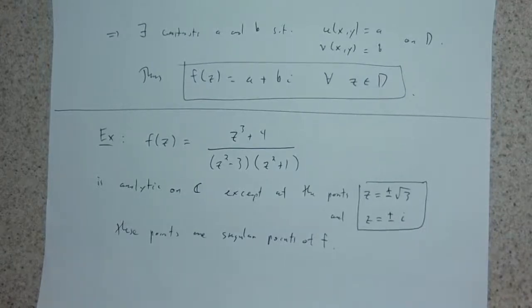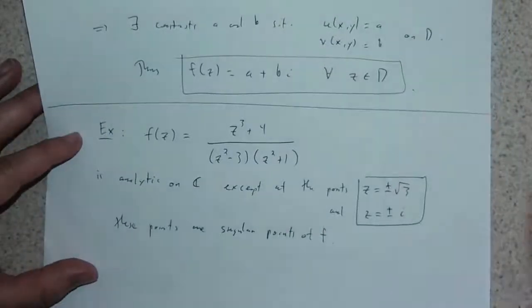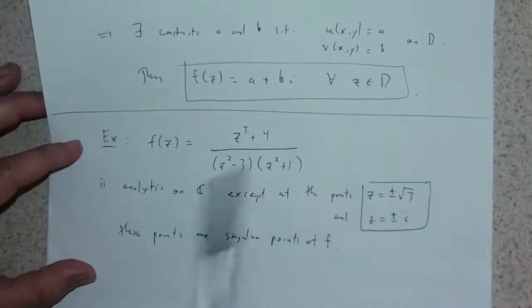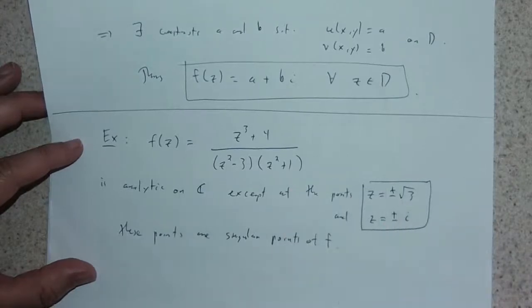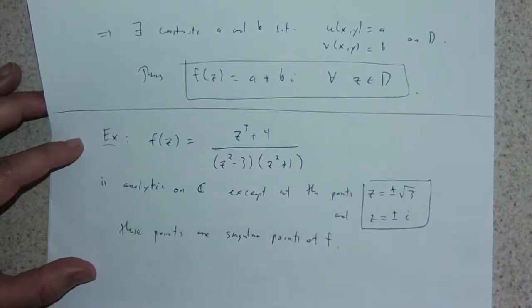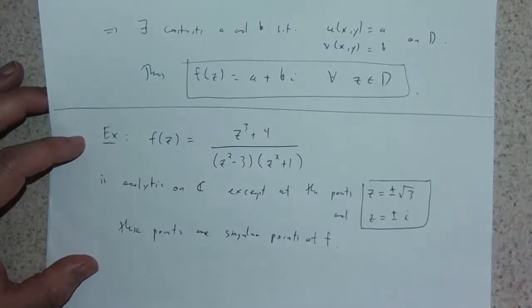So if I wanted to show that this was analytic, what could I say? I could just say, by the quotient rule, I know that the derivatives exist everywhere except these points, and that gives me analyticity of this thing.